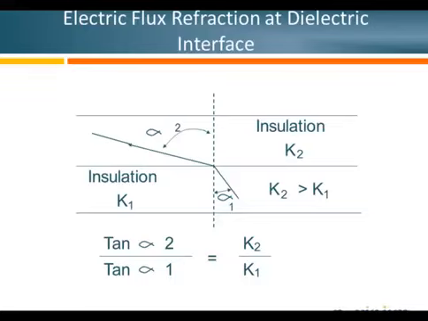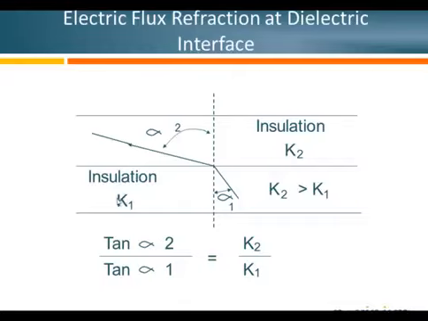Dielectric constants start at 1, which is the dielectric constant of air, and everything is relative to that. So the higher the dielectric constant is, the less insulating ability the material has. When you get to an infinite dielectric constant, you have a semiconductive or conductive material because it has no electrical insulating ability.